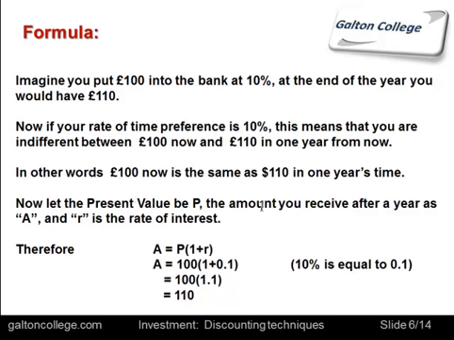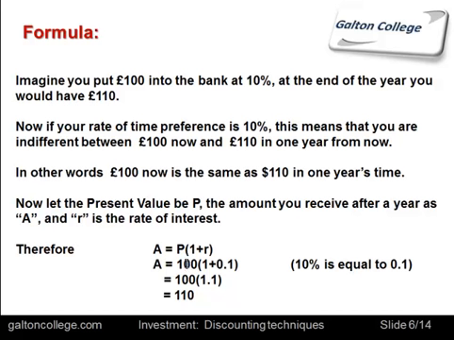Now let's look at the way this works with a little formula. Here's the amount and here's the principal, P. This is the amount we get and this is the rate. Now let's say we put £100 in the bank. It's our principal, £100. We would get 1 plus the rate of interest, 10%, which is 0.1. 1 plus 0.1 is 1.1.